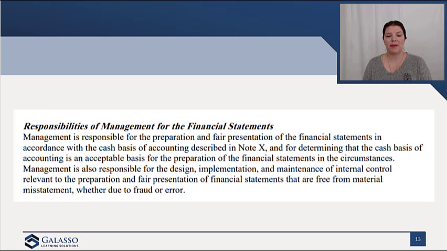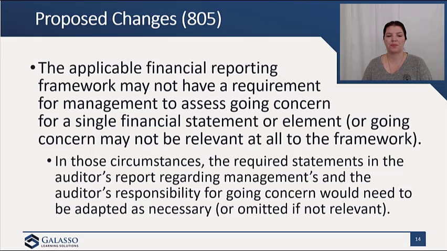You'll notice in the responsibilities of management under cash basis, there's no going concern consideration. So they do talk about the responsibilities for preparation and fair presentation, as well as design, implementation, and maintenance of internal control. So that's not going away. But the paragraph that's in the new SAS 134 is removed regarding going concern considerations for management.